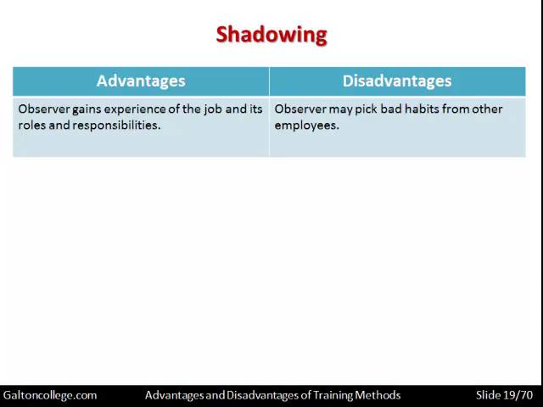The person who's gained the expertise over the years may have found shortcuts or bad habits, not doing particular functions or missing out particular parts, so the person shadowing may observe bad habits and may pick those up.